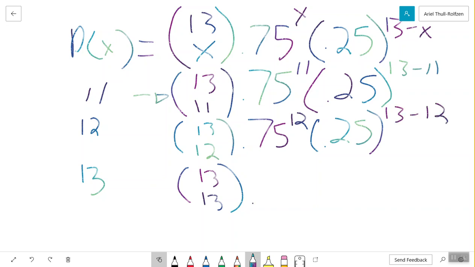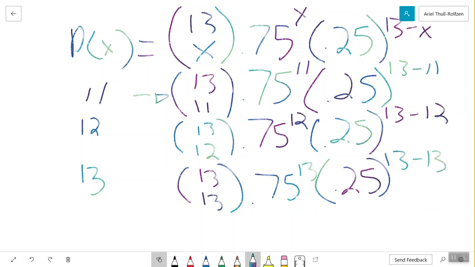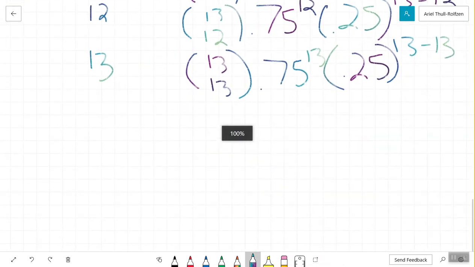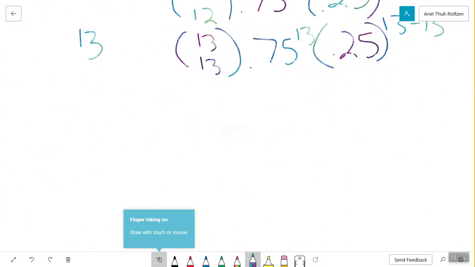And here it's going to be that 0.75 to the power of 13 times 0.25 to the power of 13 minus 13. I'm not going to sit here and figure out the math, but I am going to go down here and write down the answers, because what we do here is going to be similar to what we did in that Poisson distribution problem as well.